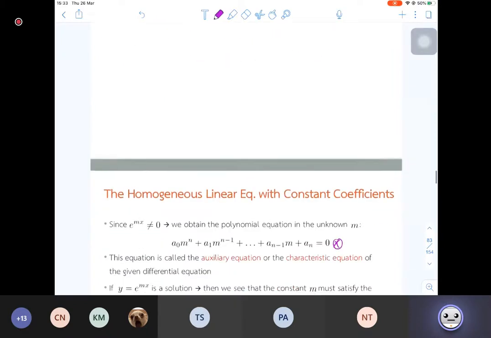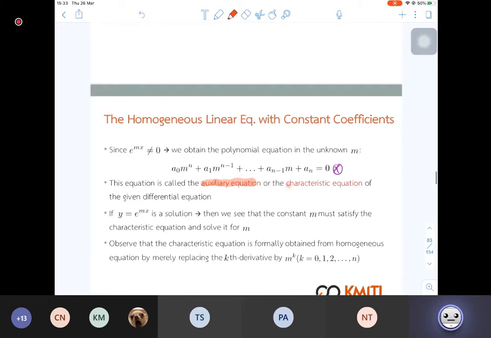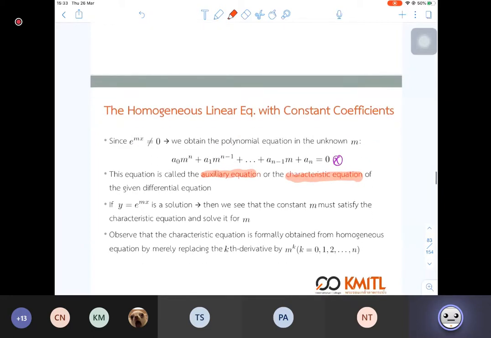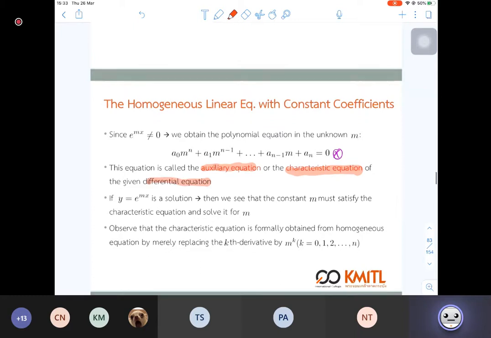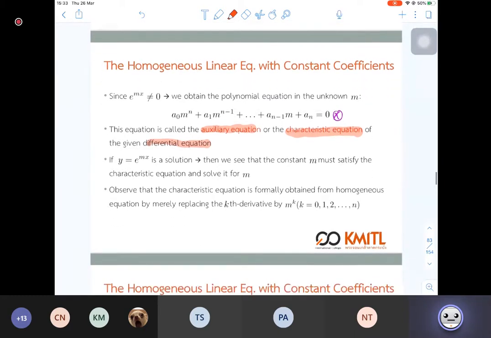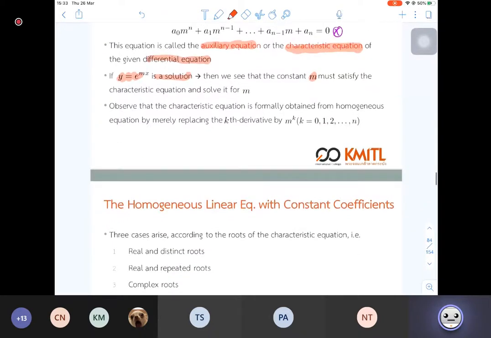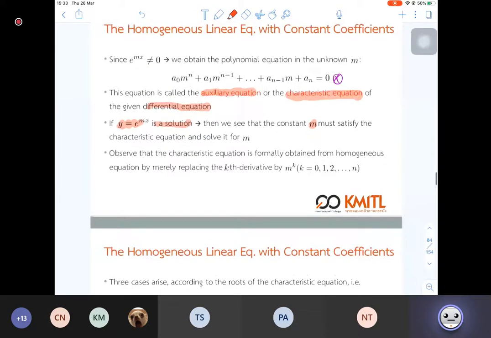Okay, and this equation is called the auxiliary equation or characteristic equation of the given differential equation, right? So this is very important. If y equal to e to the power of mx is a solution, now we need to find a constant m that satisfies the characteristic equation.